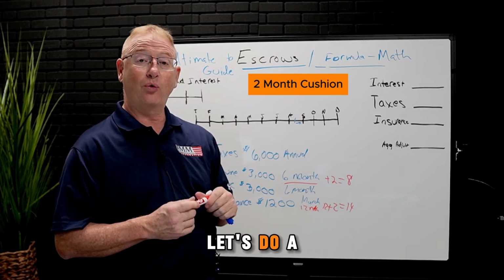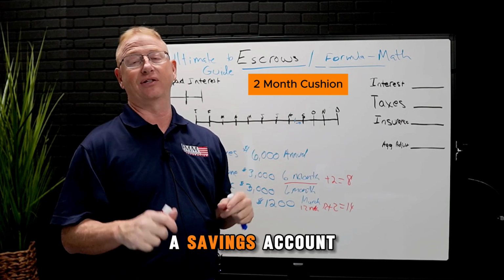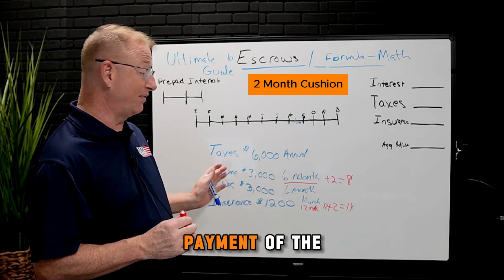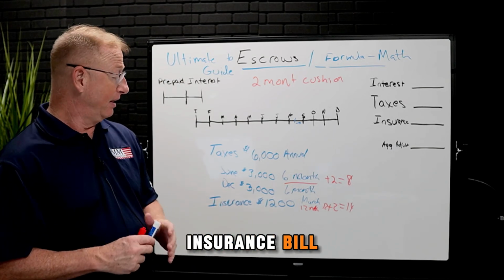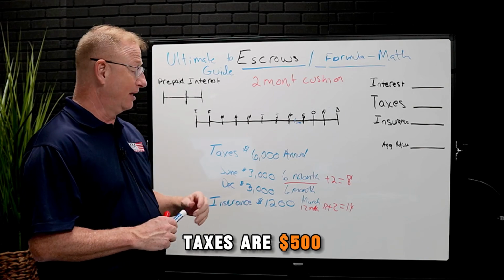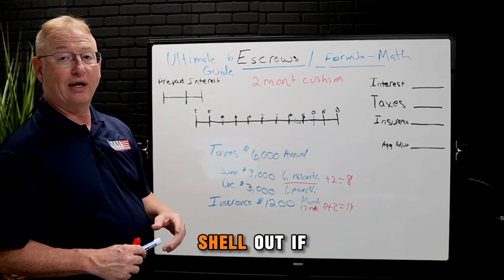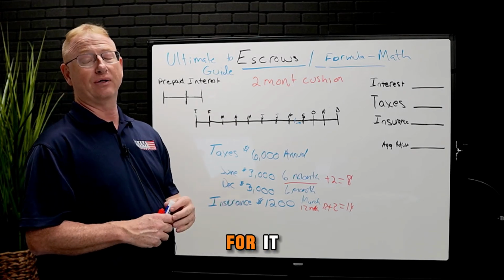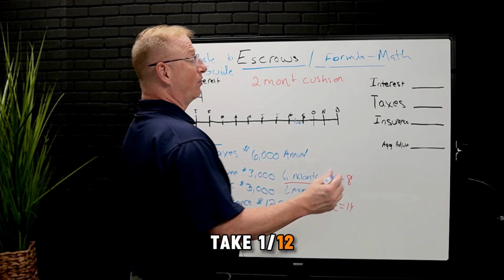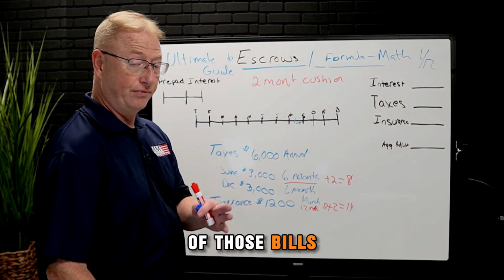Let's do a quick talk about escrows. Escrows are like a savings account for your payment of the tax bill and insurance bill. Not everyone has $3,000 every June and December just to shell out if they don't plan for it. So what they do is they take 1/12 of those bills.